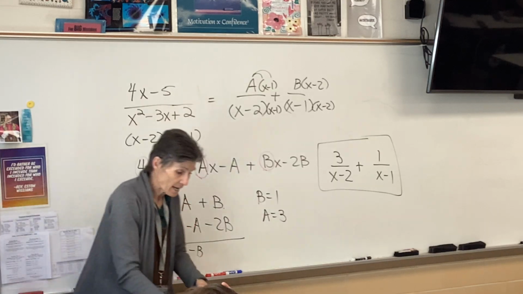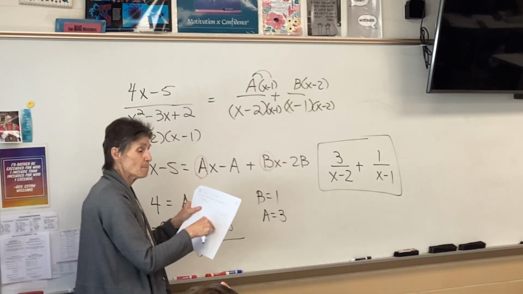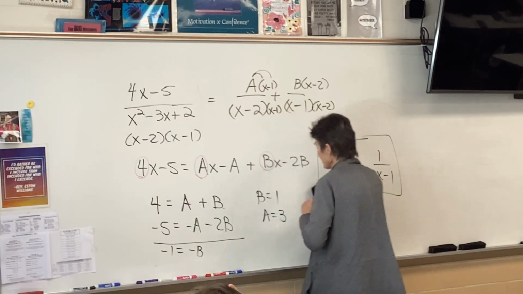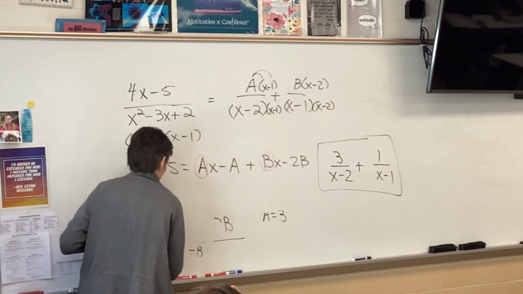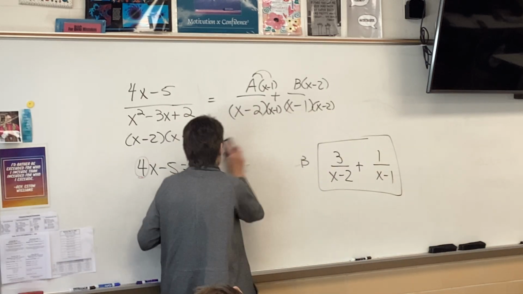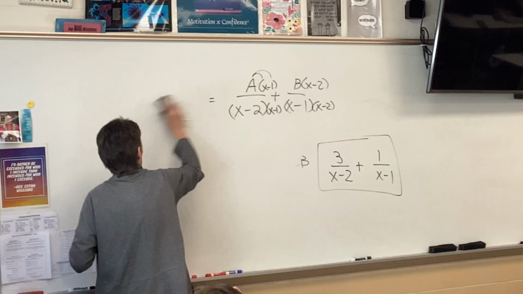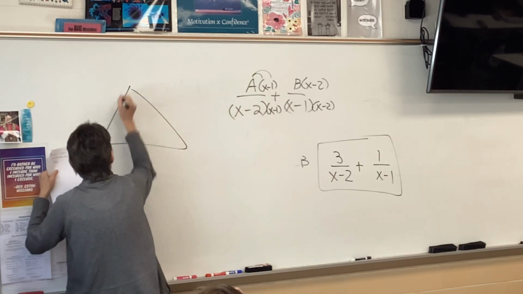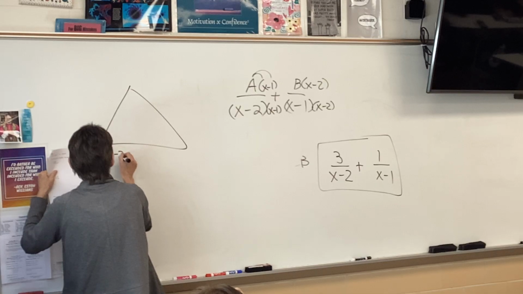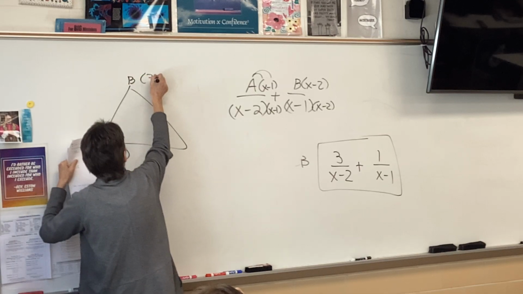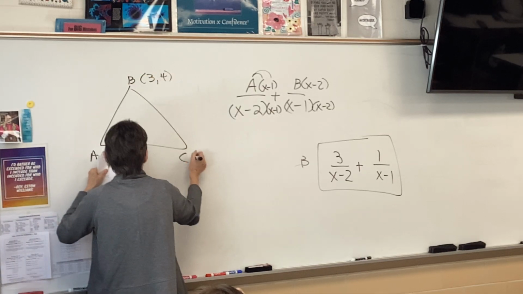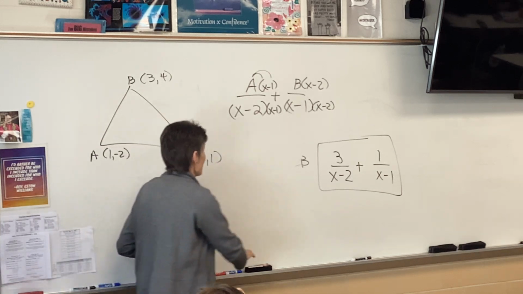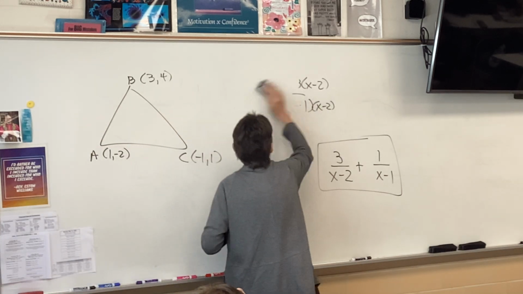Yeah. All right, now let's look at the problem in the box. Same page, but the problem in the box. This is an area. So you've been given 3 ordered pairs, and your job is to find the area of the triangle.